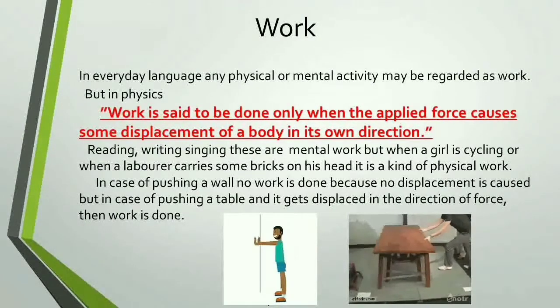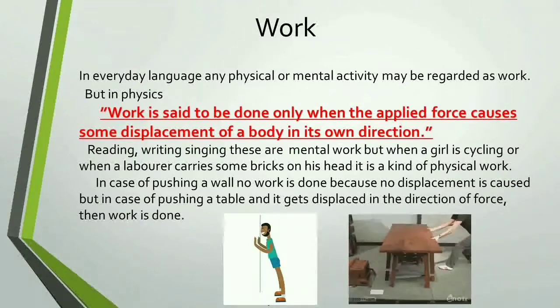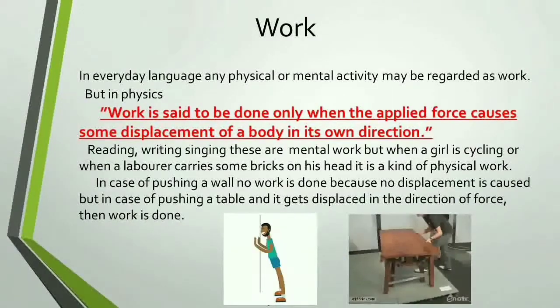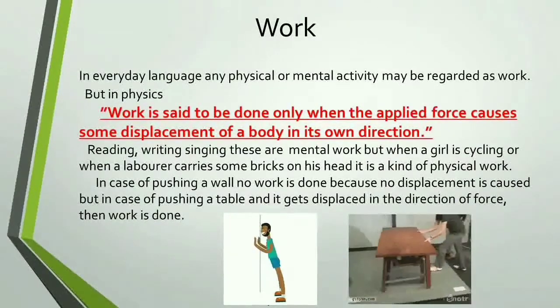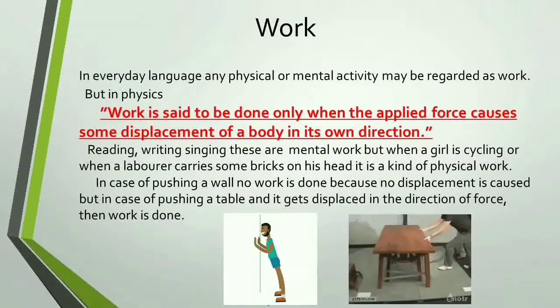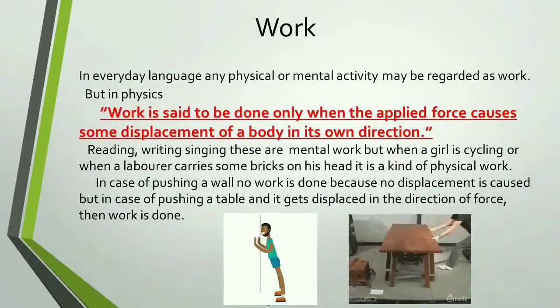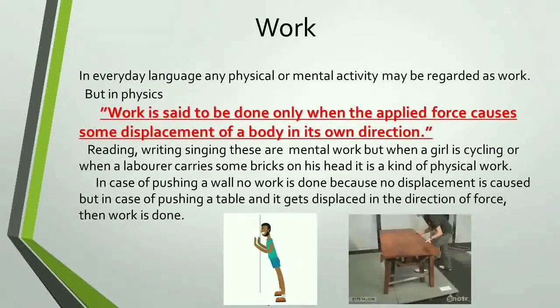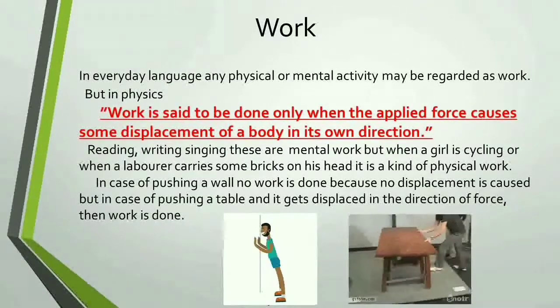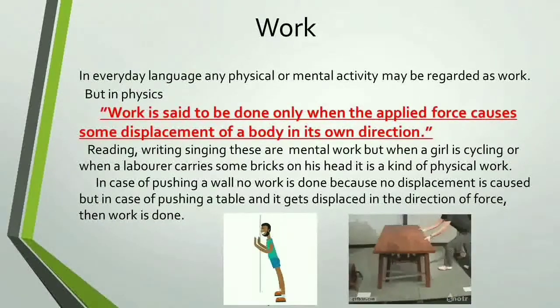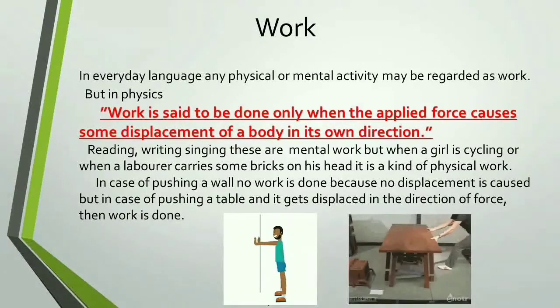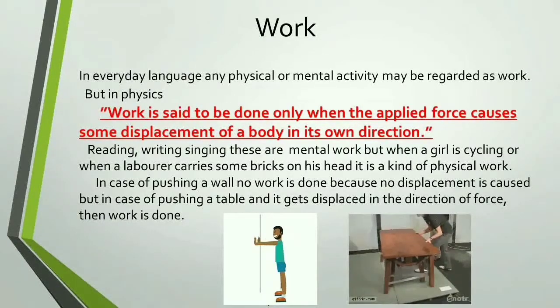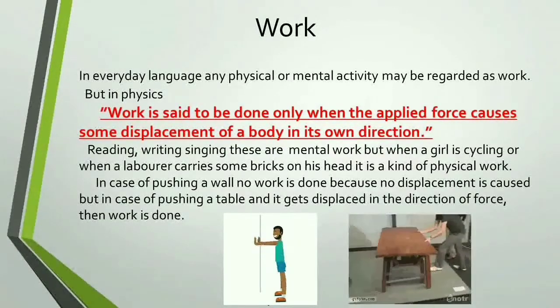So we can say that work is said to be done only when the applied force causes some displacement of a body in its own direction. In its own direction, that means in that direction in which the force is exerted.